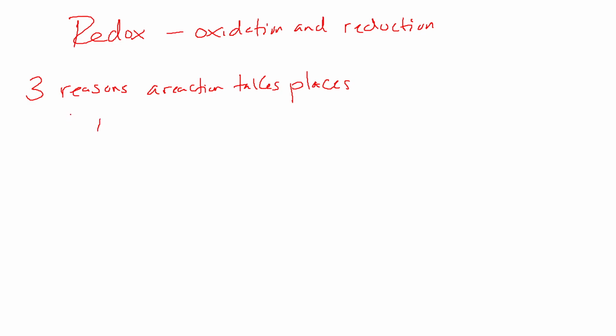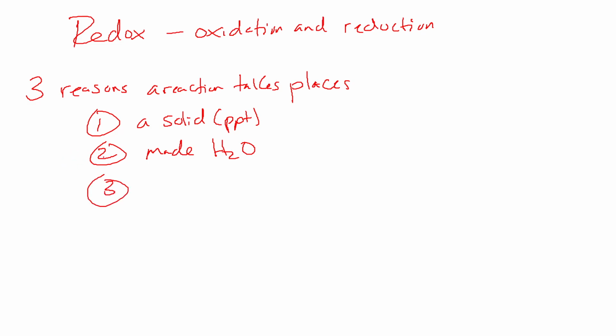The three reasons are: a solid is formed, which is sometimes referred to as a precipitate, PPT; you made our favorite thing, H2O, a little bit of water; or, and this is really the focus of redox reactions, there was some type of transfer of electrons.